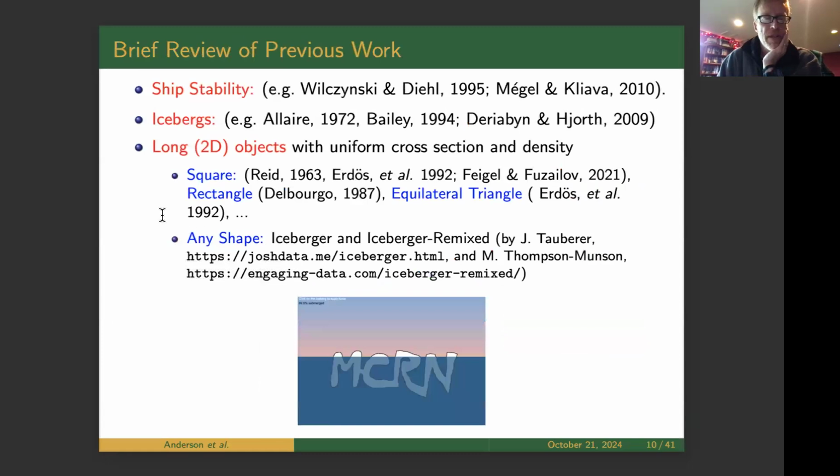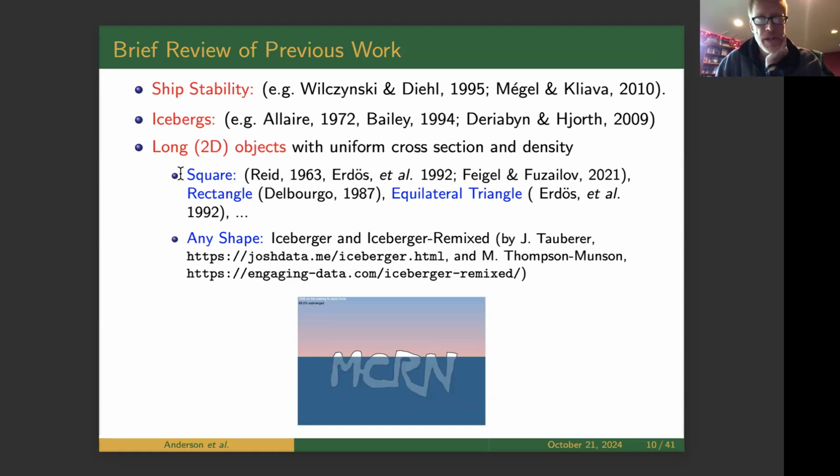So obviously there's been a lot of thinking about how things float from the point of view of ships and other boats. This is just an extremely brief review of that, but there's certainly a couple of papers to start digging. Icebergs, obviously, we're interested in.